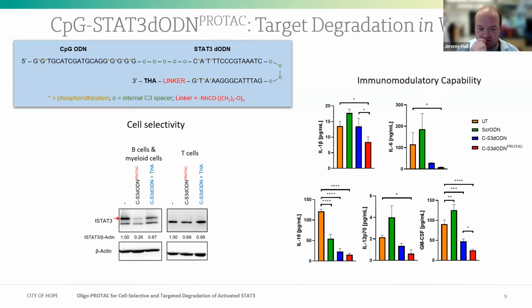And then we were able to demonstrate that there is also some resulting immunomodulatory activity when targeting STAT3 with these dendritic cells, and ultimately showed a significant reduction of these pro-inflammatory cytokines that are associated with myeloid-derived suppressor cells and immunosuppressive tumor microenvironments. Ones like IL-6, IL-10, IL-1, IL-12, GM-CSF that are known to recruit and ultimately result in these immunosuppressive environments.